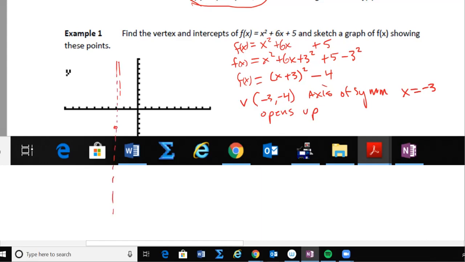Okay, there's the symmetry axis. And it's just regular x squared type parabola. So from here, it'll come over 1, up 1, over 2, up 4. It's going to be here then.